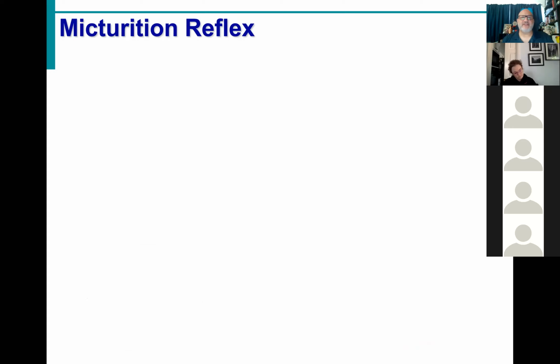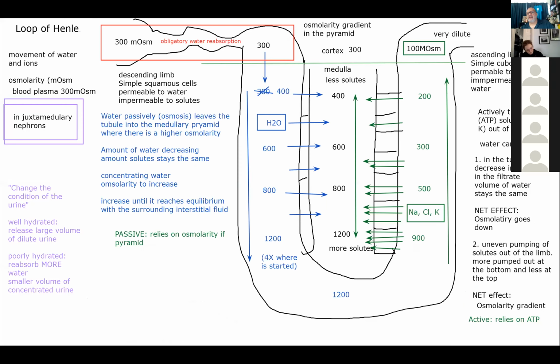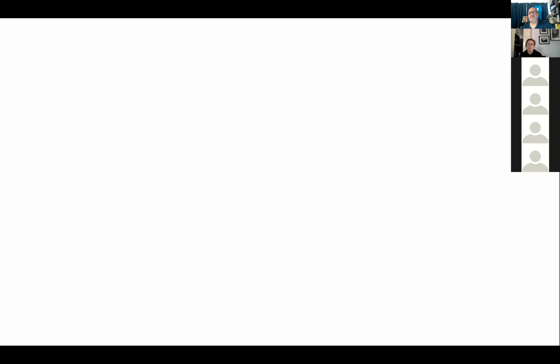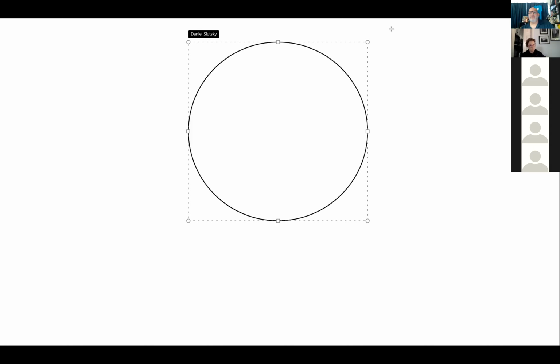And like I said, this is going to be incredibly similar to what we saw in the defecation reflex. We have an organ. So let's go ahead and make our bladder.